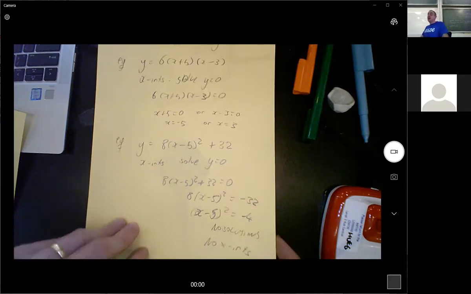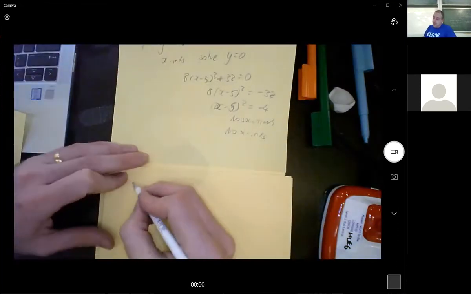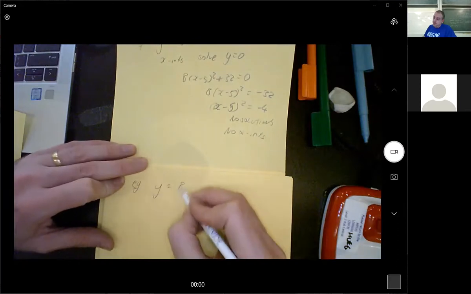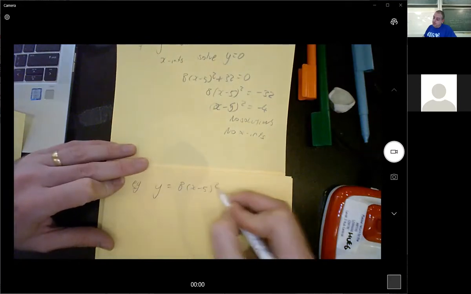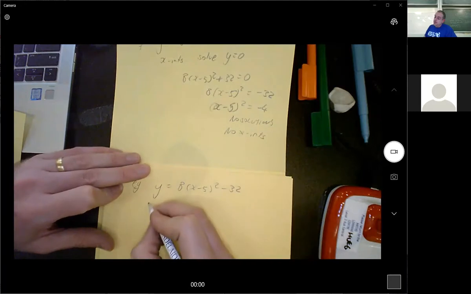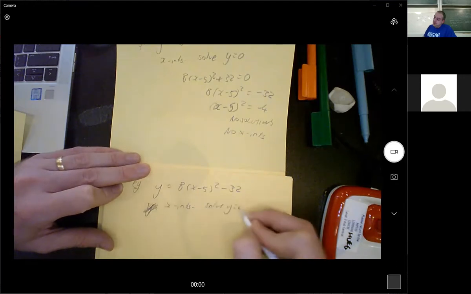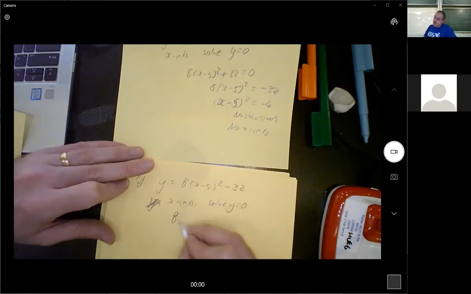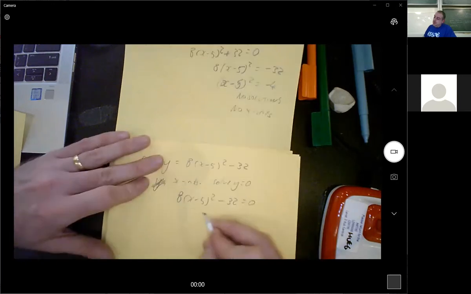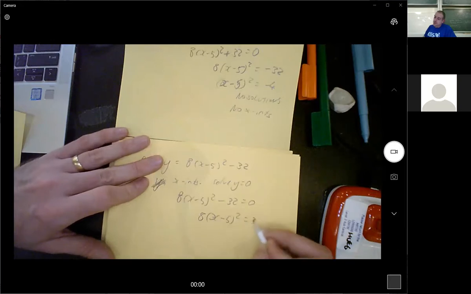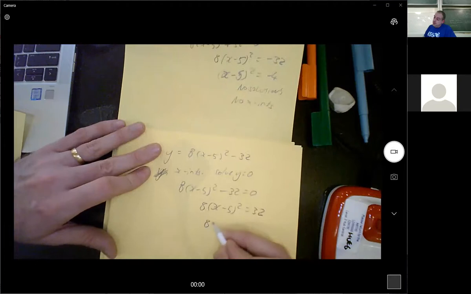But if this had been a minus 32, then the x-intercepts, then I would be adding 32 to both sides and then dividing by 8.